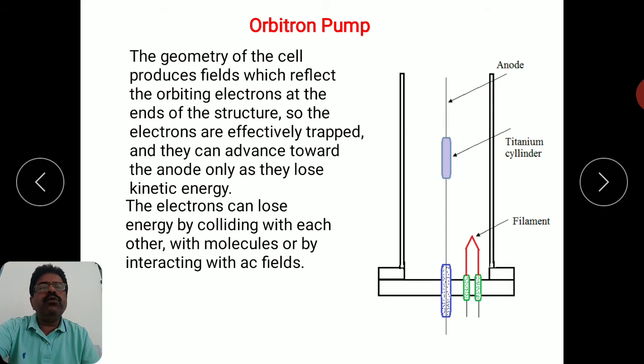Either by collision with one another, the electrons colliding with each other, or the electron may collide with the gas molecule which you want to remove from the chamber. When the electron collides with this gas molecule, the gas molecule will get ionized, so a pair of positive ion and electron will be produced.